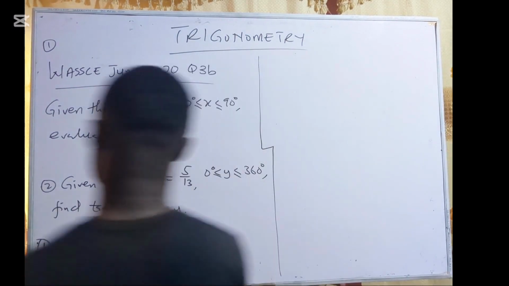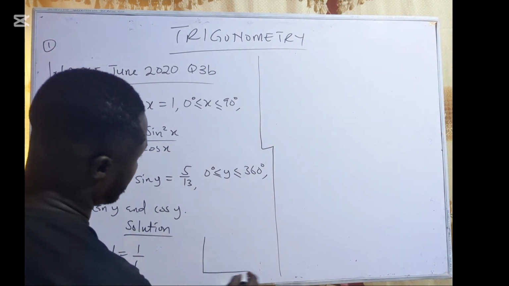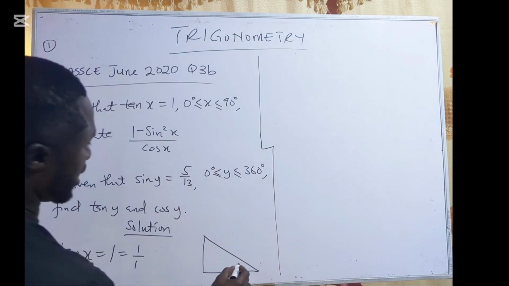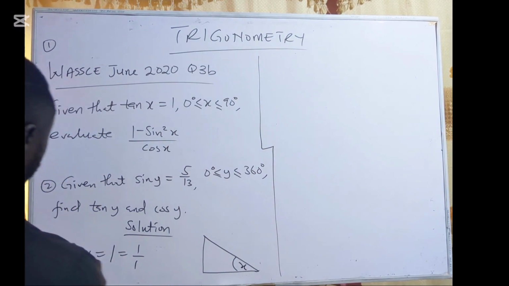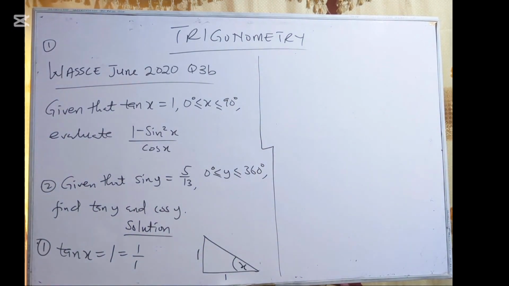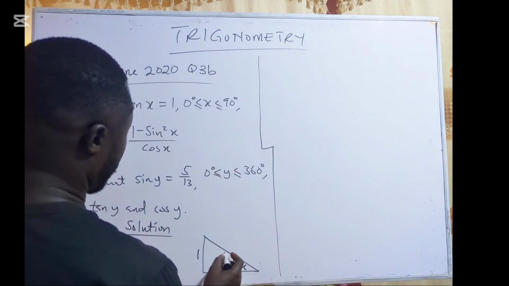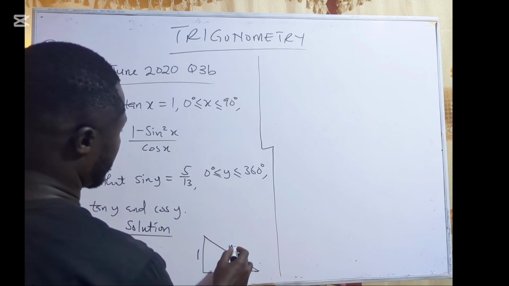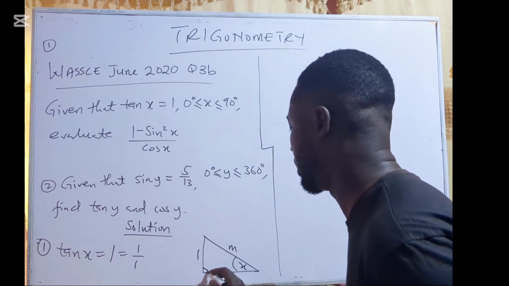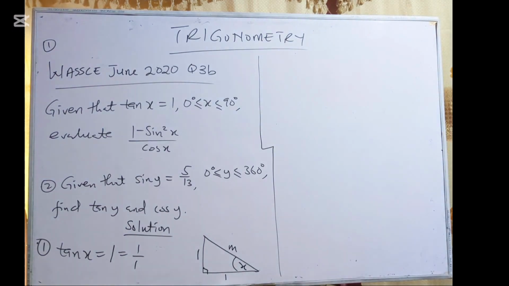So let's draw a right angle triangle. My angle is x, so x is here. Tan is opposite 1 over adjacent 1. What I have to do is to find the hypotenuse, let's say m. I indicate my angle here to show it is a right angle triangle.